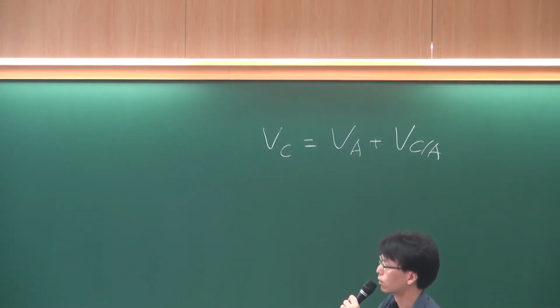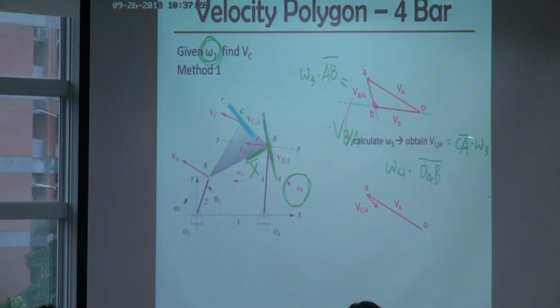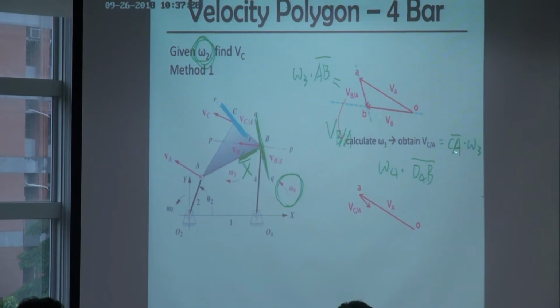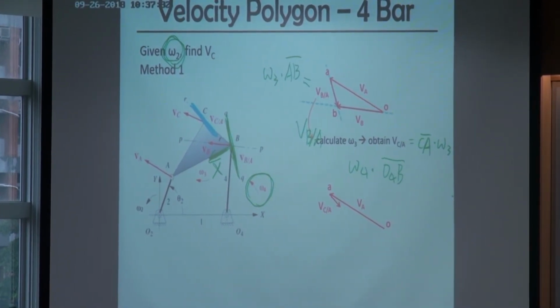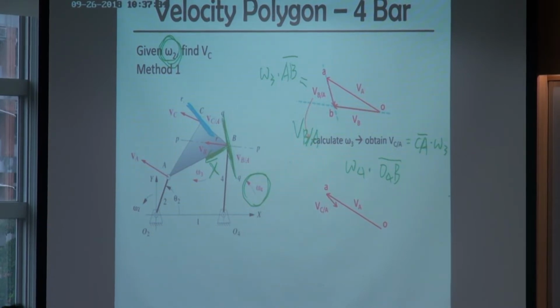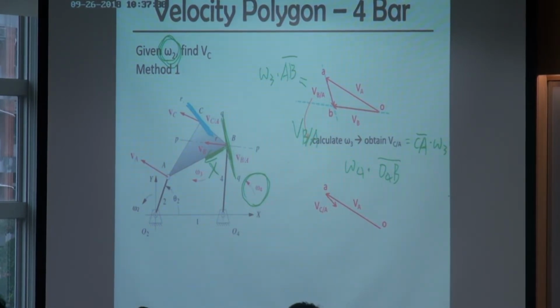Because now we already know the velocity of A, and by using this equation, we can get VCA, and we know the direction of VCA. So you just sum these two terms up. Then here I still use the velocity polygon. We know the direction and magnitude of VA, and we know the magnitude and direction of VCA.